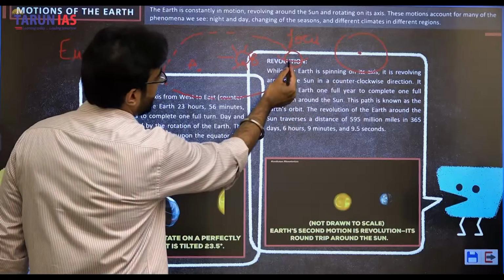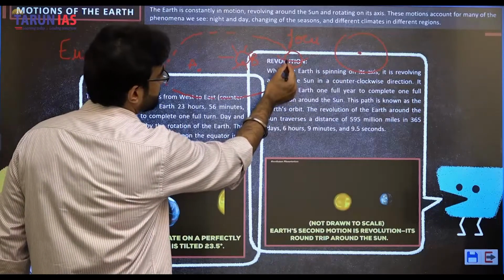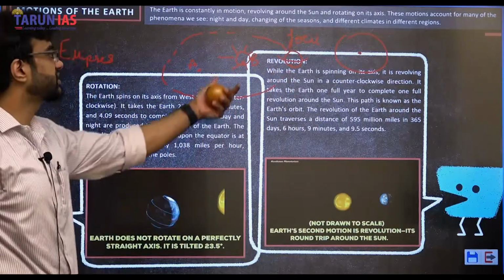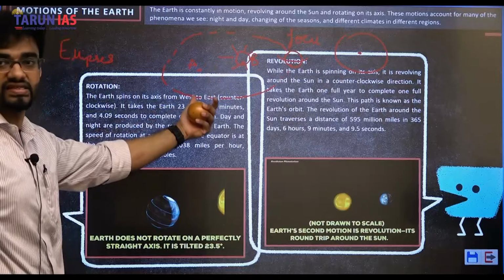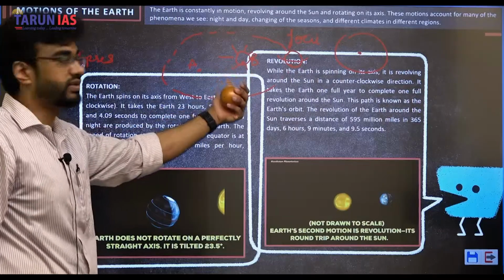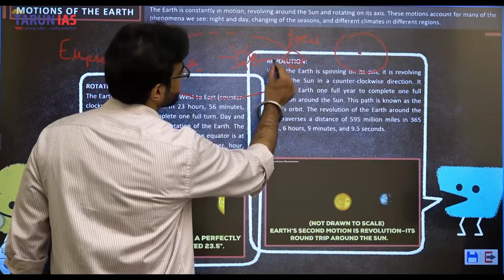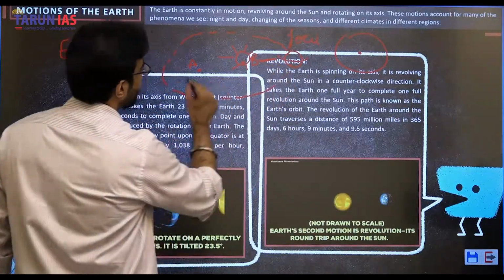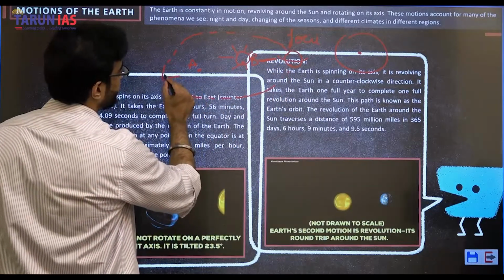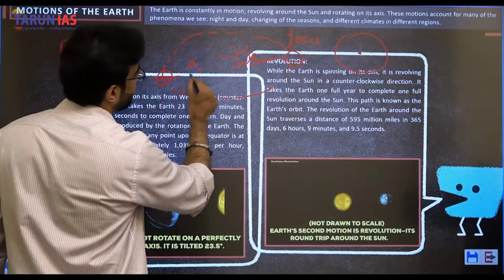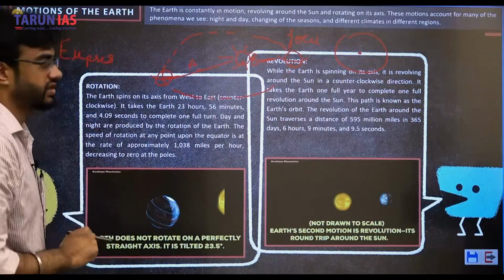So this means that the earth's distance from the sun continuously varies as it revolves around the sun. Here we can say that it is nearest to the sun, and when the earth comes here, it is farthest from the sun.